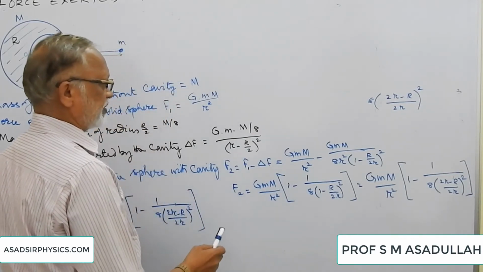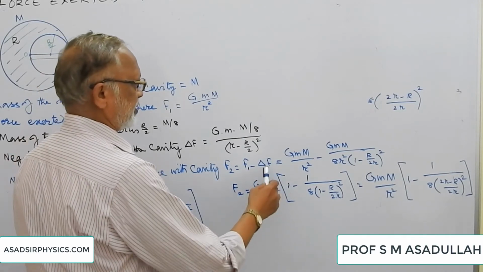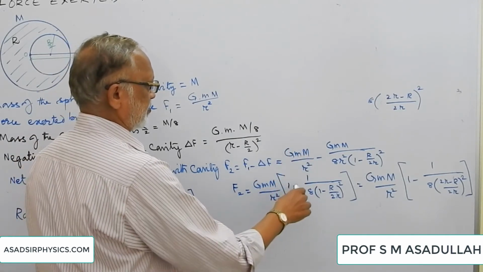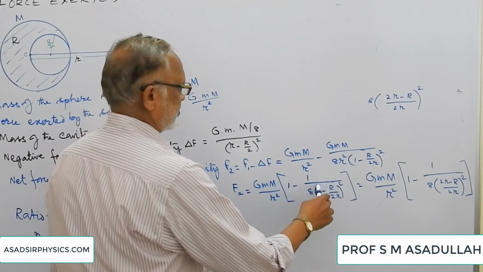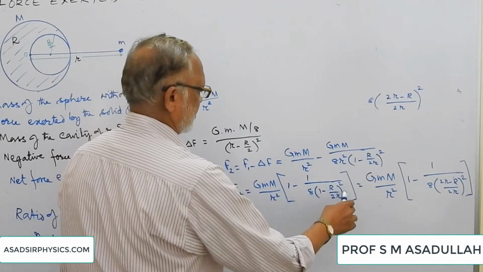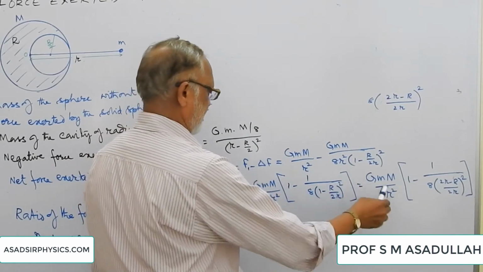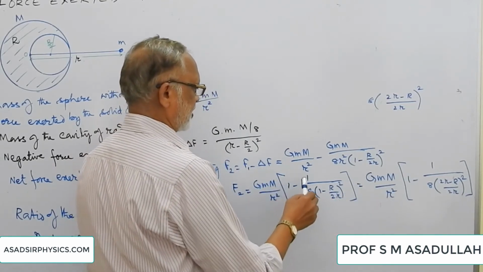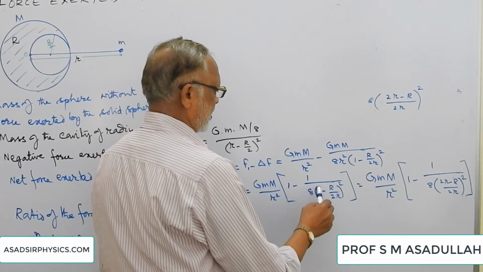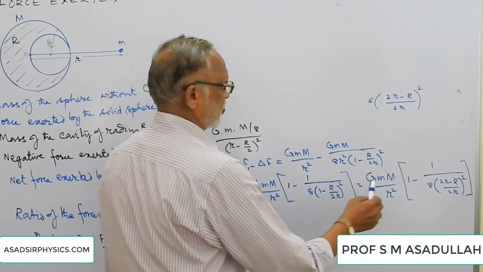So F2 is equal to GMm by r square bracket 1 minus 1 by 8 into (1 minus R by 2r) whole square, or this can also be written as GMm by r square bracket 1 minus 1 by 8 bracket (2r minus R) by 2r whole square.